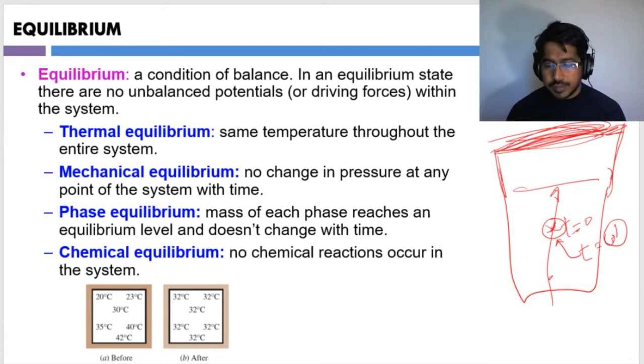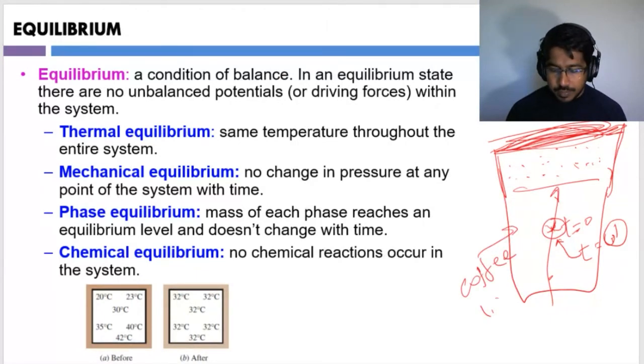And now it's a closed system, and we have coffee vapor here, some water vapor or coffee vapor, right here, and we have liquid coffee here, right? Now if it is in equilibrium, it would not change the volume of vapor and liquid with time.